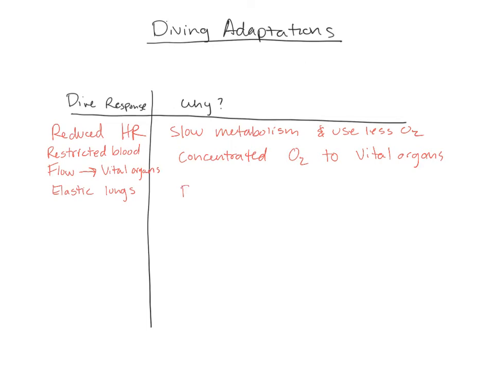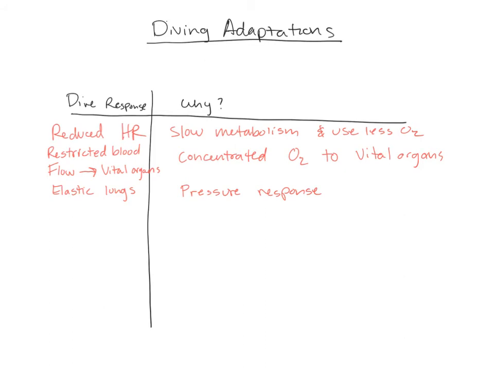At high pressure, when you go down, you're going to have pressure on your lungs. If you can collapse them and then reinflate them because they're elastic, then you're not going to have to worry about them collapsing and not being able to recover.